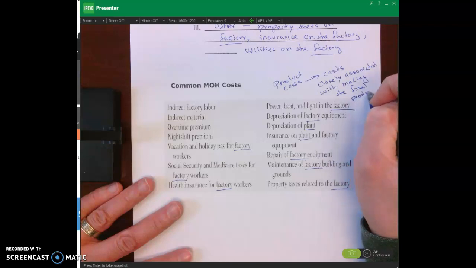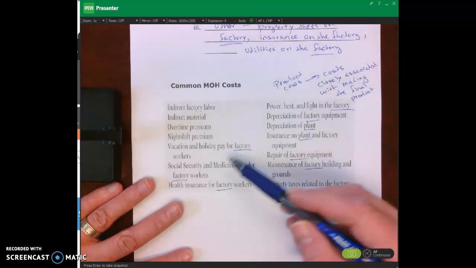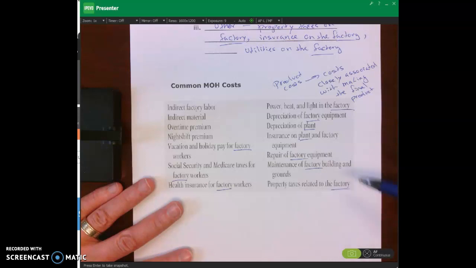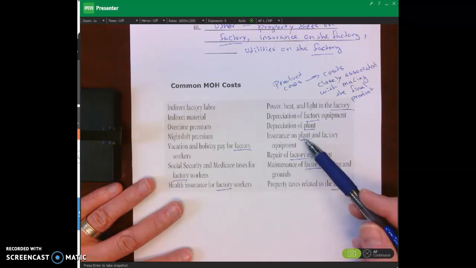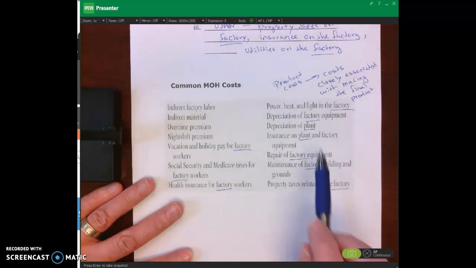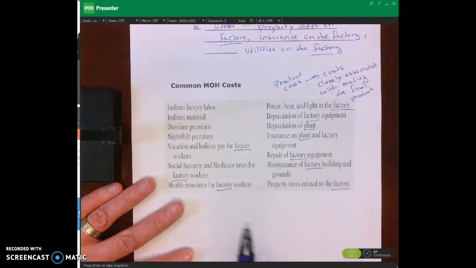So product costs are closely associated with making the final product, and because of that, they have to deal with the factory or the plant or the production facility as opposed to corporate headquarters. If this had said insurance on corporate headquarters, for example, that would not be overhead. It would not be a product cost. It would be a period cost, which is what we're going to talk about next.